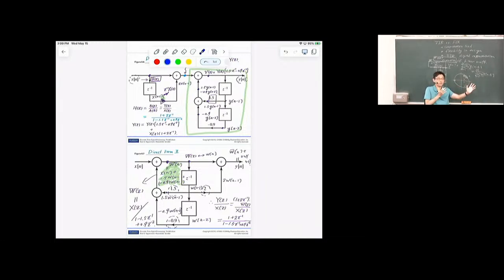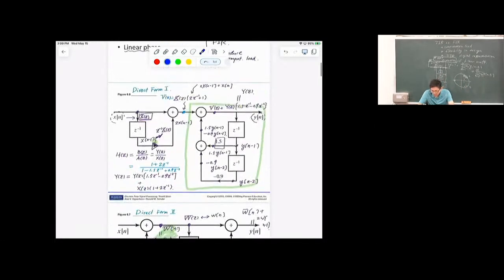So the key trick is, when we come back and visualize direct form number 1, please visualize it as if we are concatenating two subsystems. One is the one on the right with this green box. That's one subsystem. And the other subsystem is this one with purple.